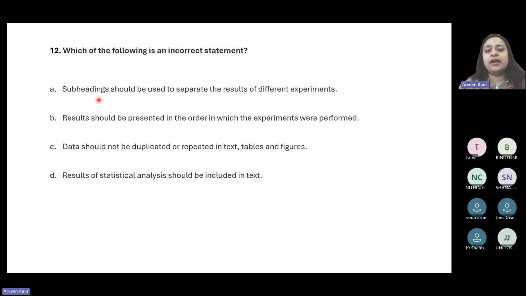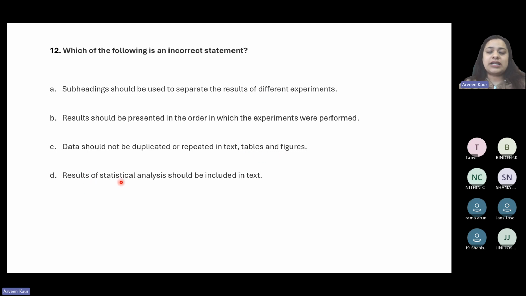Then question number 12, which is: which of the following is an incorrect statement? The subheadings should be used to separate the results of different experiments. Results should be presented in the order in which the experiments were performed. Data should not be duplicated or repeated in text, tables, and figures.